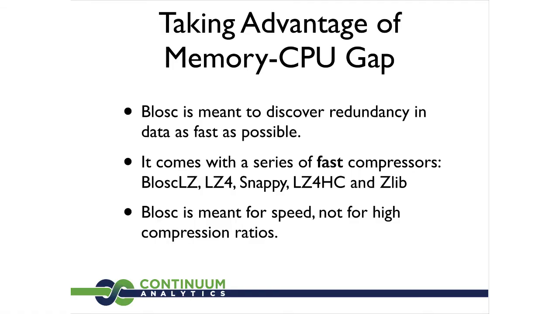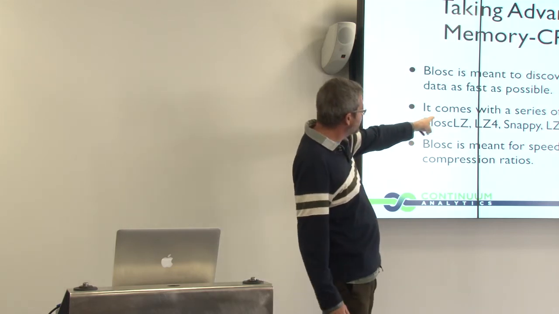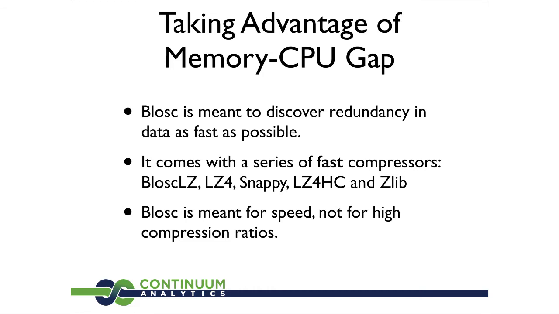So Blosc is taking advantage of this huge memory and CPU gap, and Blosc is meant to discover redundancy in data as fast as possible. It comes, as I said before, with a series of fast compressors like BloscLZ, LZ4, Snappy, LZ4 high compression, and Zlib.